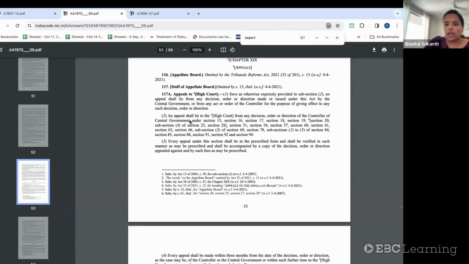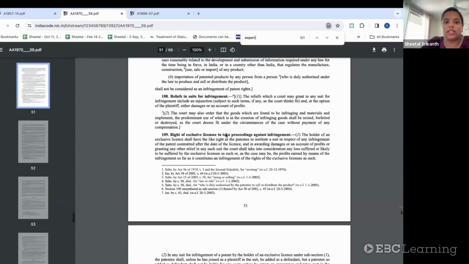An appeal shall lie to the High Court from any decision, order, or direction of the controller or the central government under section 15, 16, 17, 18, 19, 20, 25, 28, 51, 54, 57, 60, 61, 63, 66, 69, 78, 84, 85, 88, 91, 92, and 94 of the Act.